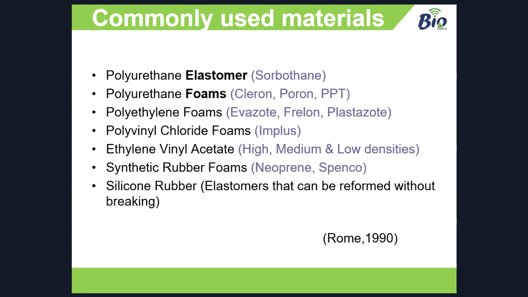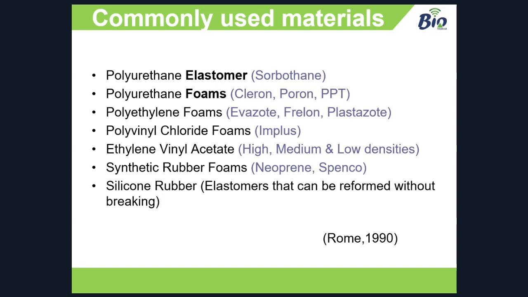So polyurethanes, again, just an example of the different processes there. We've got polyethylene, again, it's a foam, same process, different material, and then they're the brand names that sit next to them. PVCs, PVAs, synthetic rubber foams, and then you've got your silicon rubbers that Rome discussed.